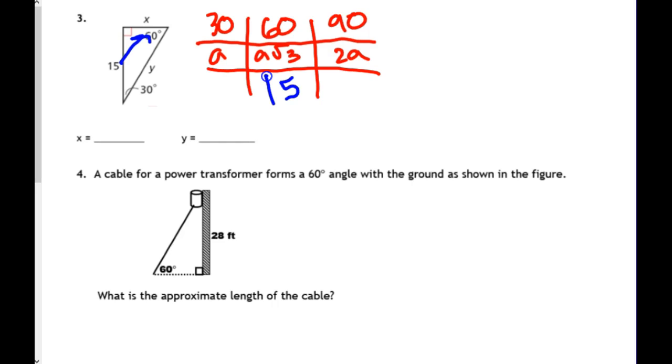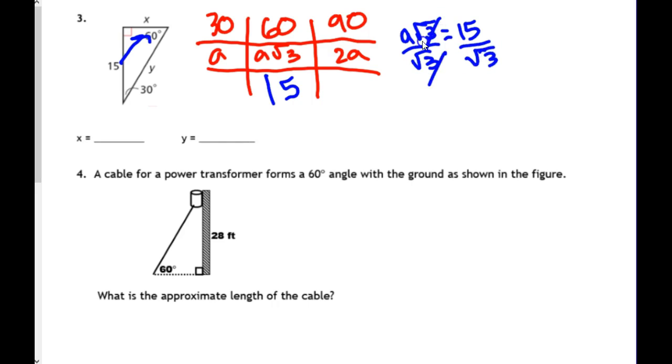Now remind me, what do I do with these two things? Set them equal. So I'm going to write A square root of 3 equals 15. Now, A is not by itself. How do I get rid of it being multiplied by a square root of 3? Everyone remember, if there's a square root you're getting rid of, you divide by that square root on both sides of your equation.